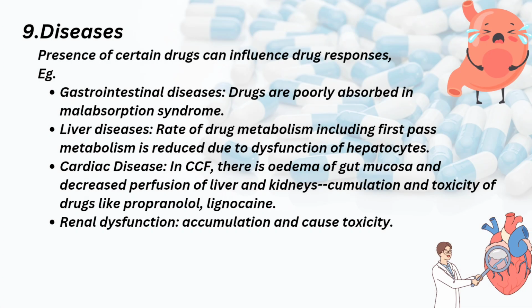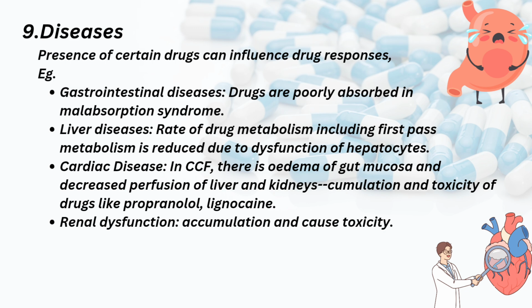The ninth factor is diseases. Presence of certain diseases can influence drug responses. Example, gastrointestinal diseases like malabsorption cause poor drug absorption. In liver diseases, rate of drug metabolism, including first-pass metabolism, is reduced due to dysfunction of hepatocytes.